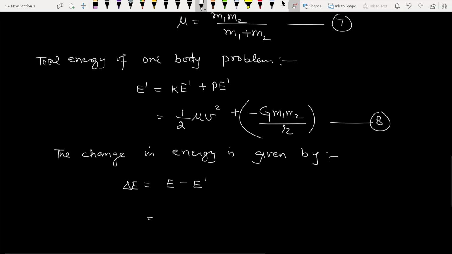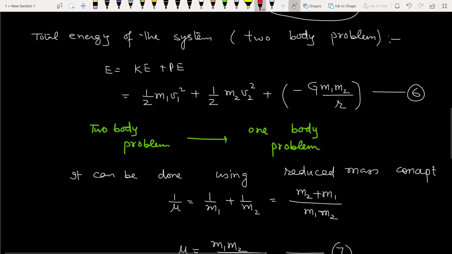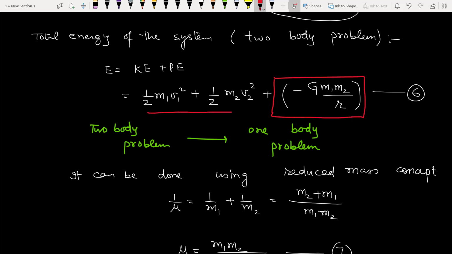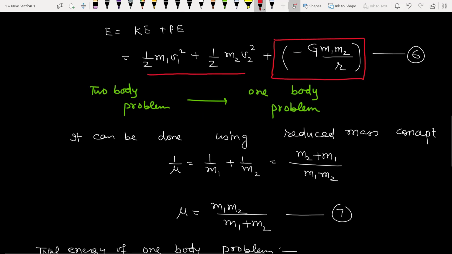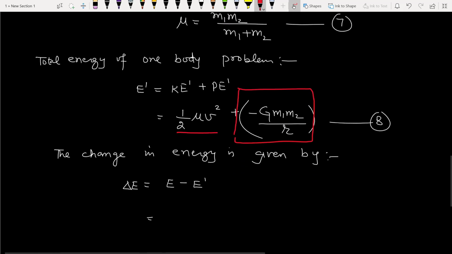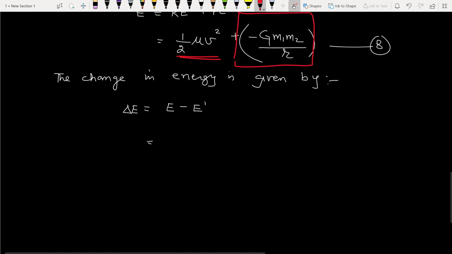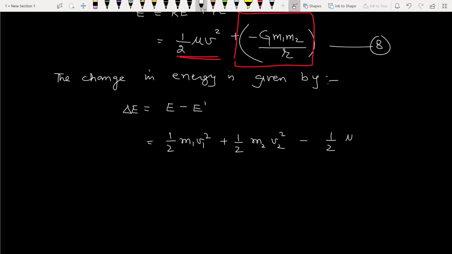Look at this term, it is the same in equation number 8 and equation number 6, so when we subtract, it cancels out. We are left with half m1 v1 square plus half m2 v2 square minus half mu v square.